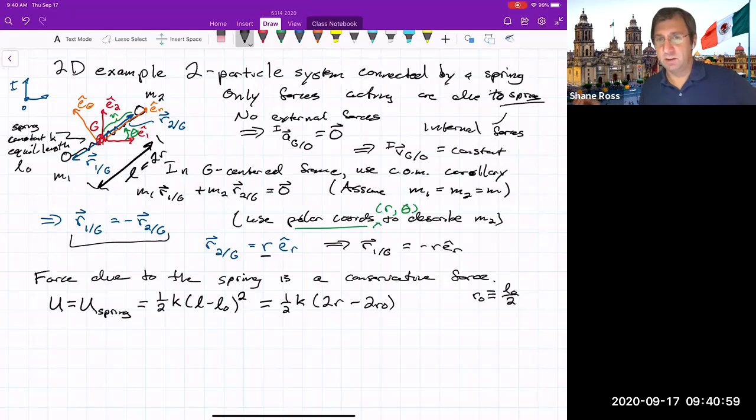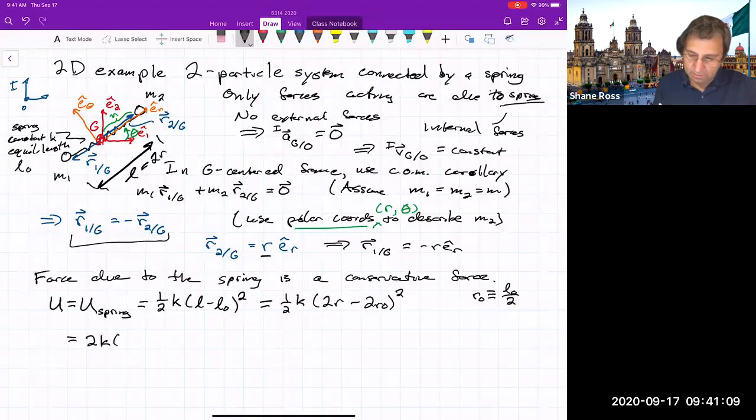Okay, it's just half the spring equilibrium length. So then we've got that. Multiplying through, what do we get for U? This ends up being 2K (R minus R naught) squared. Okay, so that's our potential energy.